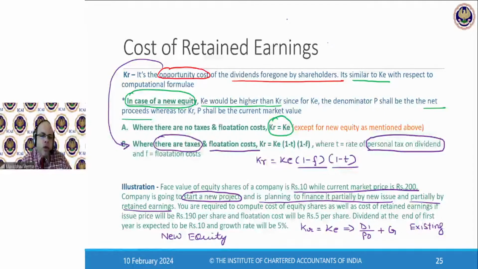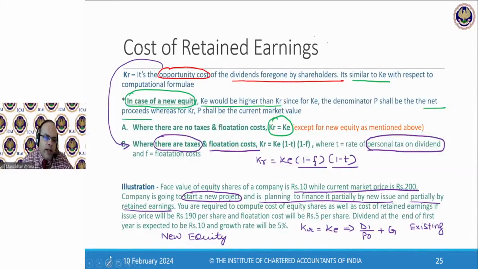So if we look at this particular illustration, what is the cost of existing equity or retained earnings? What do you think should be the answer? Let's see who answers that question.